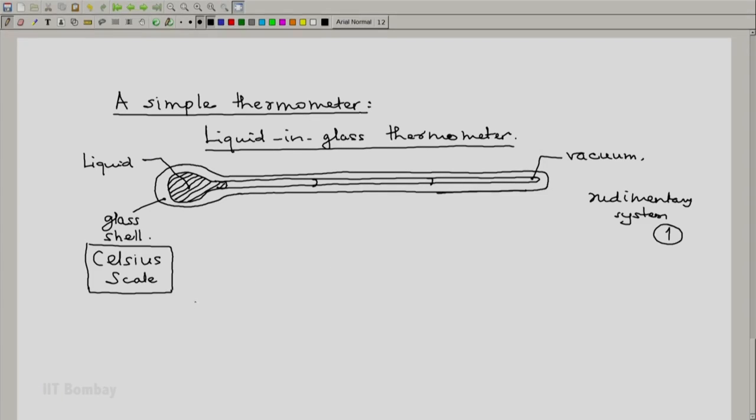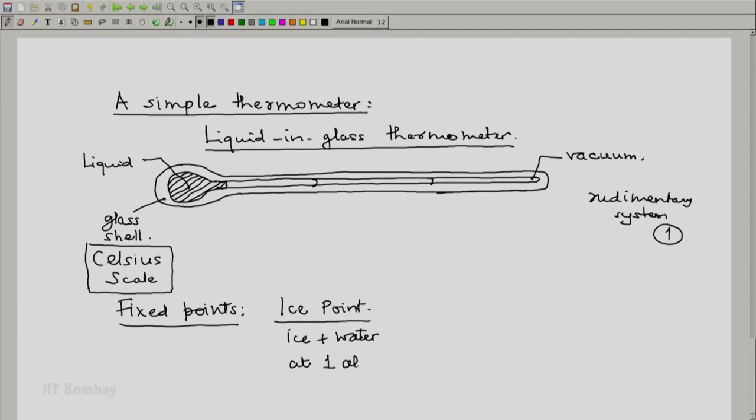What is done is we decide on two reference points, which are known as fixed points. One is the ice point, in which we have a system of ice and water at 1 atmosphere pressure, a system containing ice and water in equilibrium. This is known as the standard ice point.